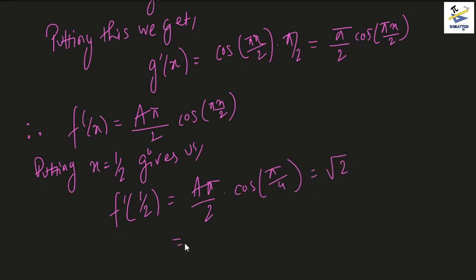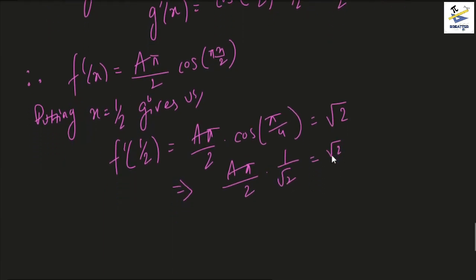Cosine of pi by 4 is 1 by root 2, so a pi by 2 into 1 by root 2 equals root 2. Getting everything on the other side and keeping just a here, we get a equals root 2 into 2 into root 2 by pi, which is 4 by pi.